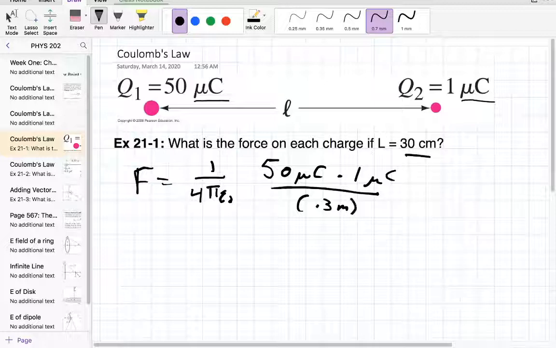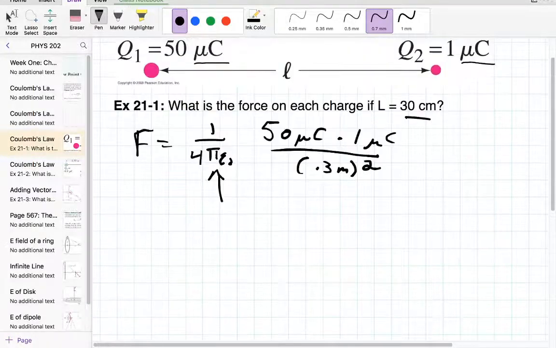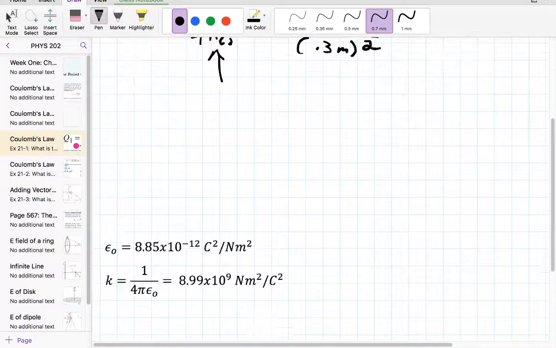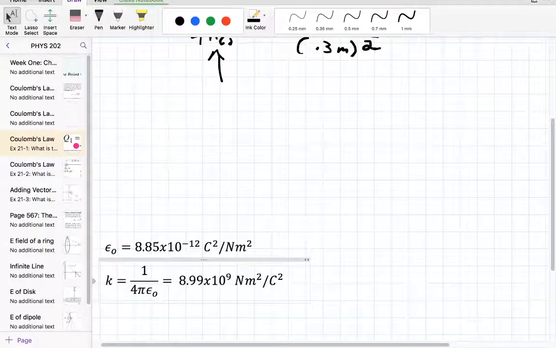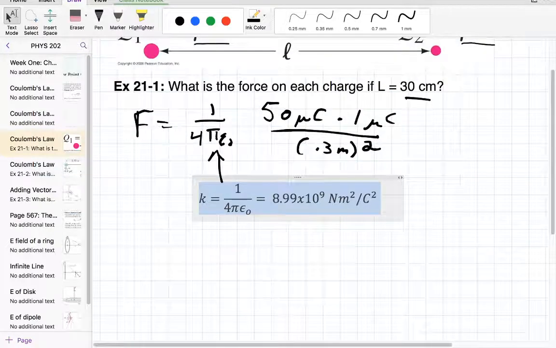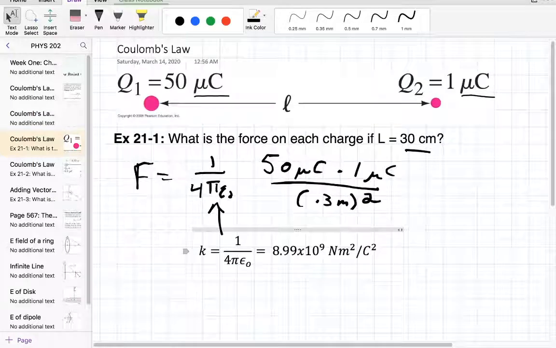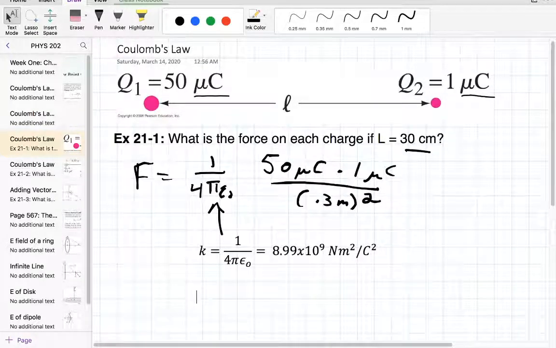And we can't forget to square that for the inverse square law. Again, this whole thing, 1 over 4 pi epsilon naught, is the thing that we were before calling k, 8.99 times 10 to the ninth newton meter squared per coulomb squared. So that's all the information we need to go ahead and calculate that.